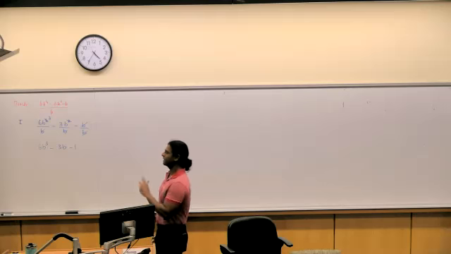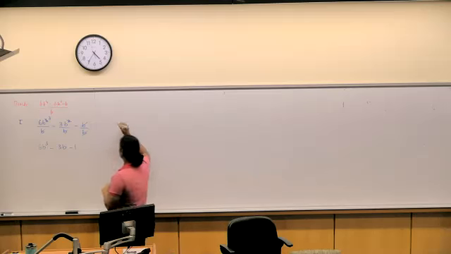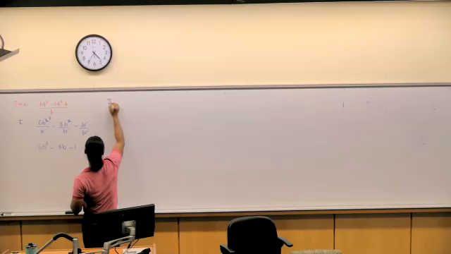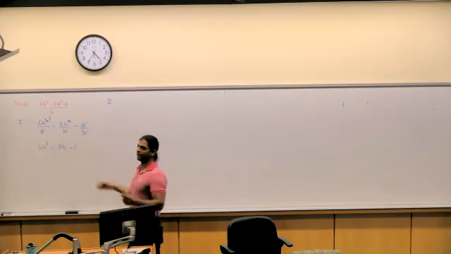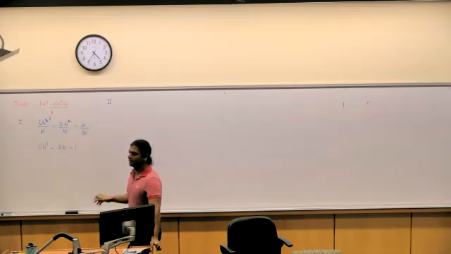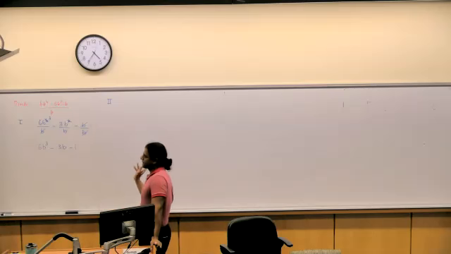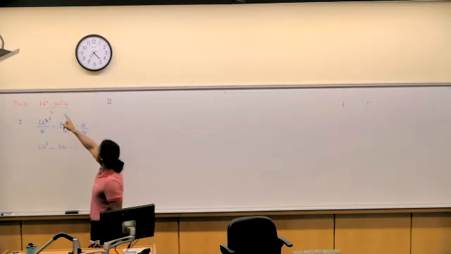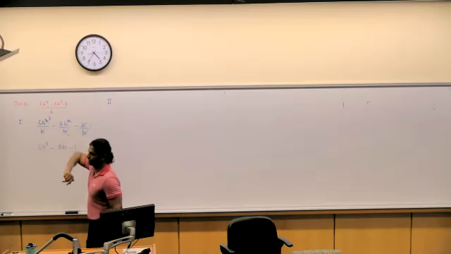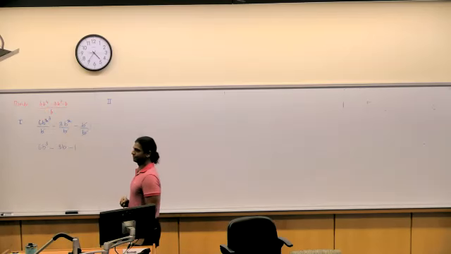Yes, that's approach 1. Approach 2, I want to know if there is a common factor. If there is a common factor, I'm simply going to pull that common factor out and then proceed from there. Do I have a common factor in the numerator? Which is 3.